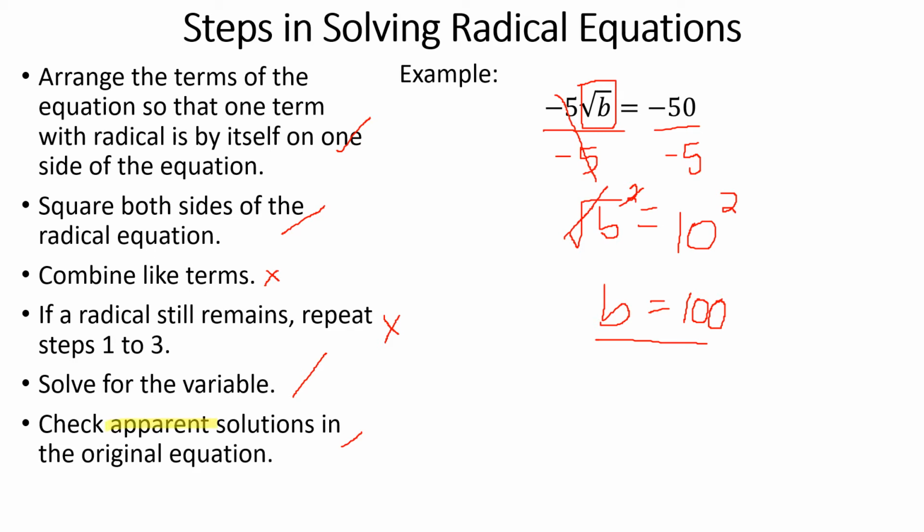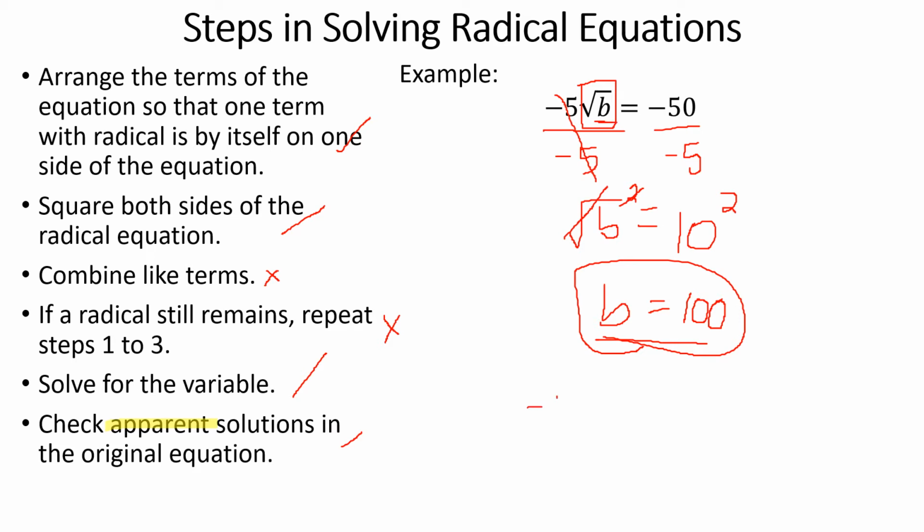Why? Kasi po, there are times na yung makukuha po natin will not satisfy the original equation. So, ang nangyari, meron po tayong extraneous roots or extraneous solutions. So, for checking, substitute lang po natin yung value ng b na na-solve po natin dito po sa ating original equation.